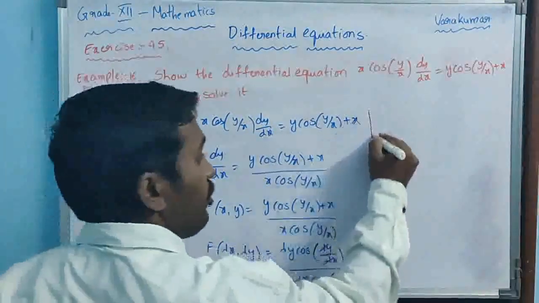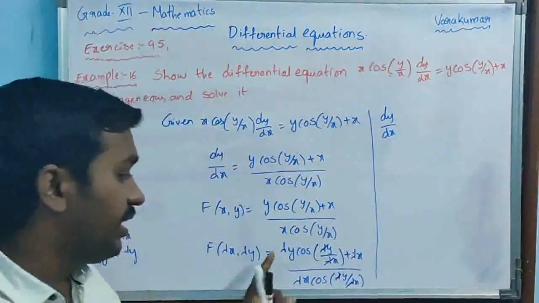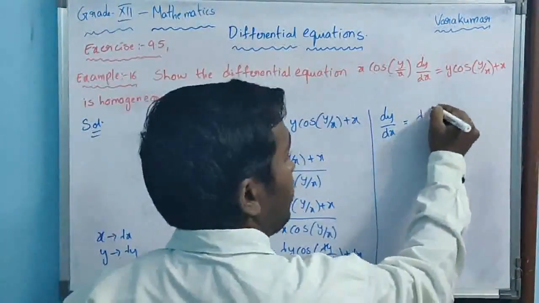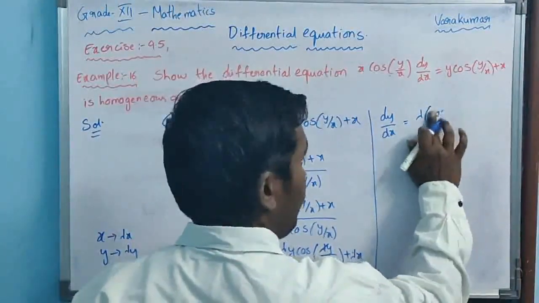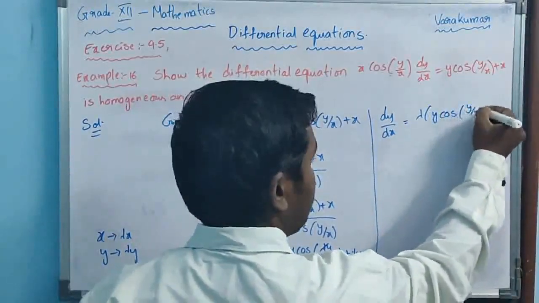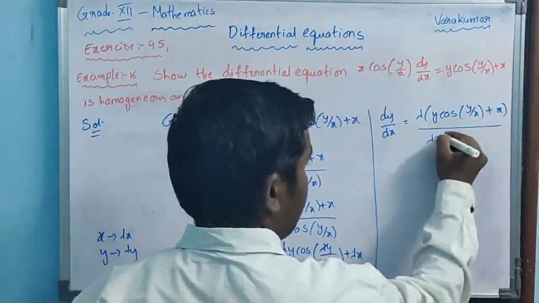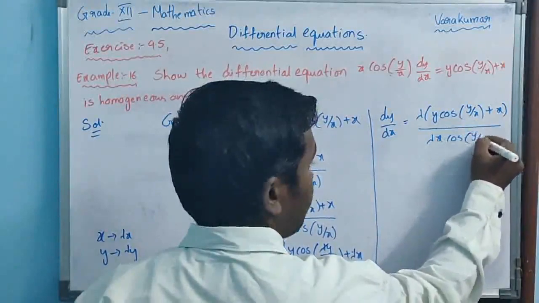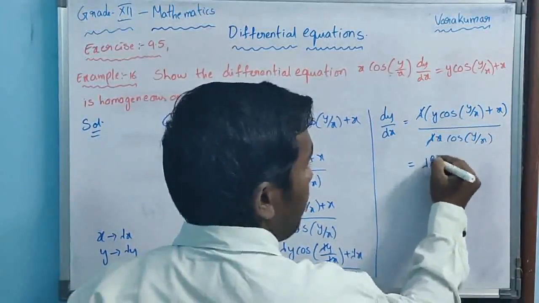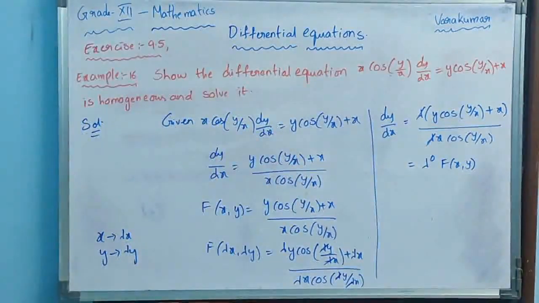Now overall from the numerator, we can take λ out. If you take out λ, we get (y cos(y/x) + x) divided by x cos(y/x). Now λ cancels, and again you get λ to the power 0 times f(x, y).